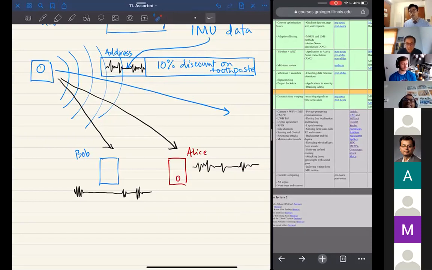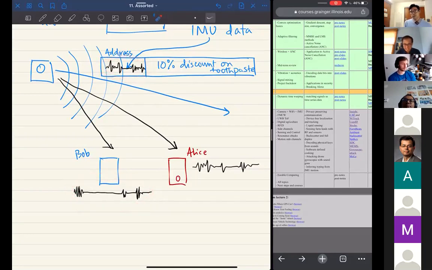If these two match, then Alice says, this message is actually for me. Bob also does the same thing. This signal and this signal do not match. Bob says, this message is not for me.